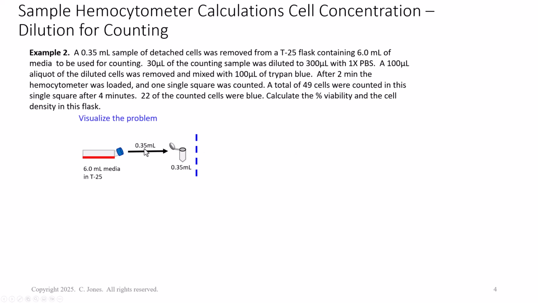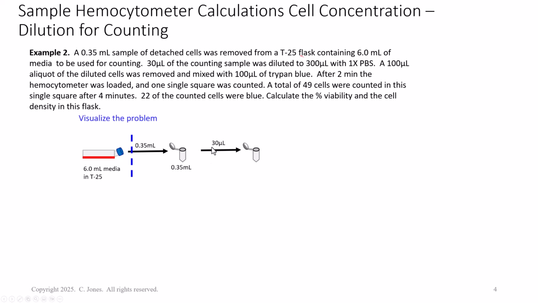So we're removing 0.35 mL, placing that into our pyrogen-free microcentrifuge tube. This will be our working cell counting sample. So once we've obtained this sample, we can take our microcentrifuge tube outside the BSC and begin the dilutions. And the first thing we see here is 30 microliters of the counting sample was diluted to 300 microliters with 1x PBS.